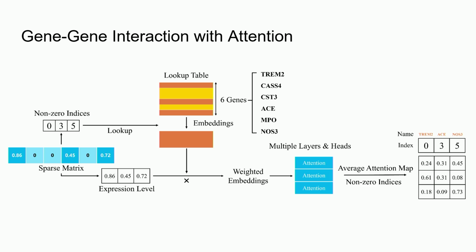Here we want to highlight one strength of transformer-based models, the attention mechanism. In short, if I have 3 genes expressed in this cell, attention will generate a 3x3 matrix where every entry of the matrix represents the interaction between 2 genes in the model.